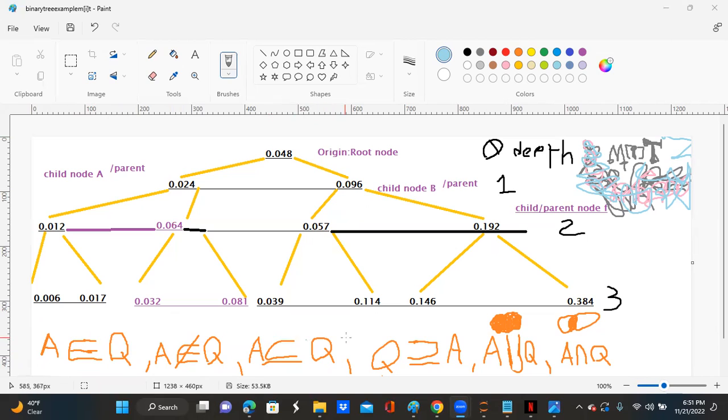It's included in Q. And then this says that Q is a superset of A and A is a subset of Q.